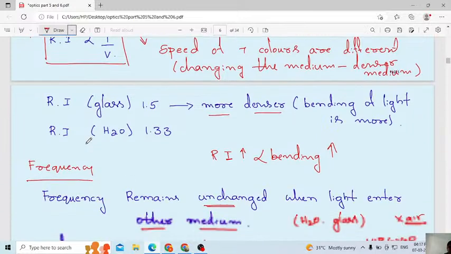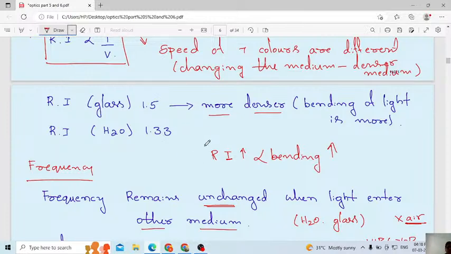The refractive index of glass is 1.5, and the refractive index of water is 1.33. So glass is denser than water. The medium whose refractive index is more, we consider a denser medium; whose refractive index is less, we consider a rarer medium.